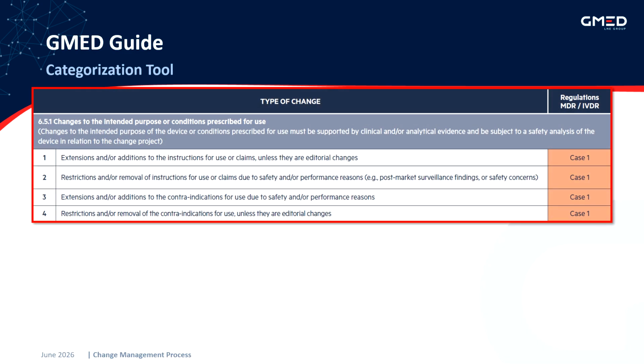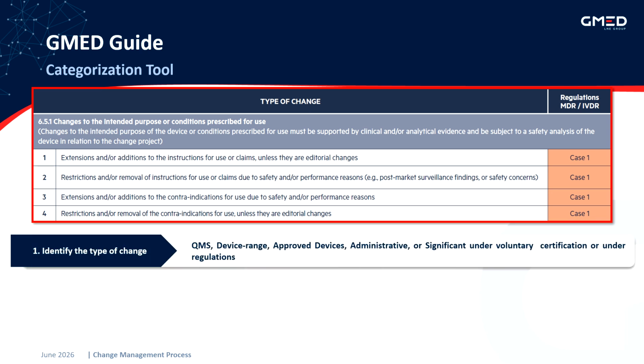This categorization tool offers an approach based on concrete examples, enabling companies to determine the applicable category for a change project based on its type and the relevant certification scheme. It is used in 3 steps. Step 1. The company identifies the type of change in question based on the definitions and descriptions provided in the guide. Step 2.